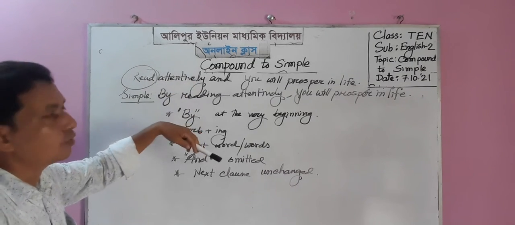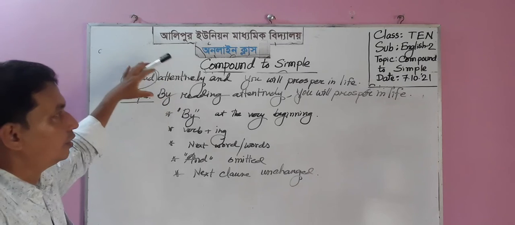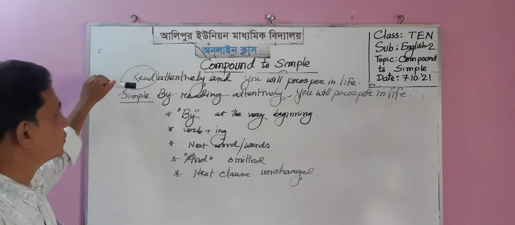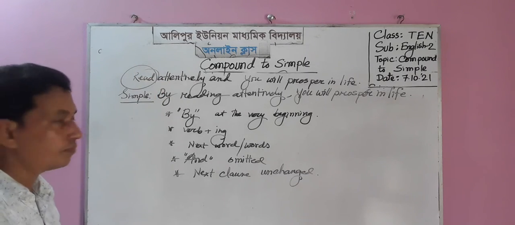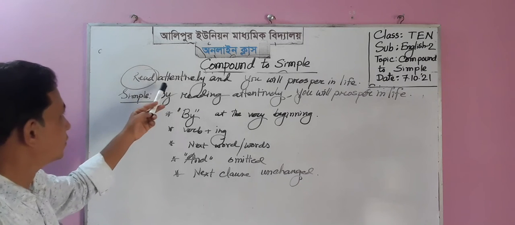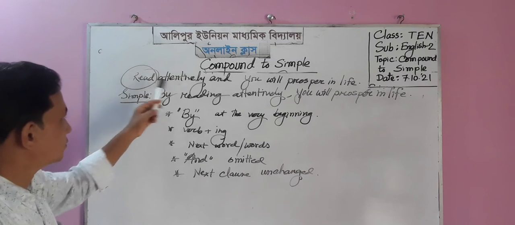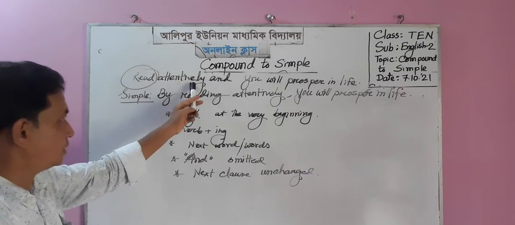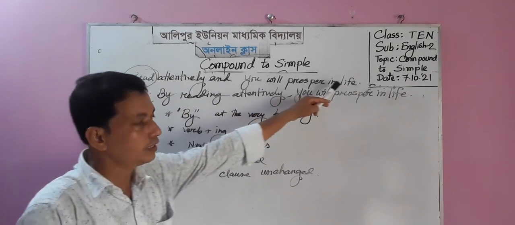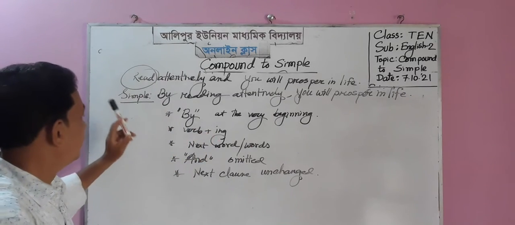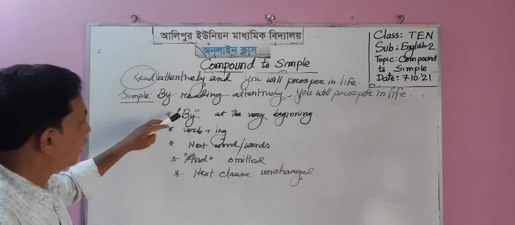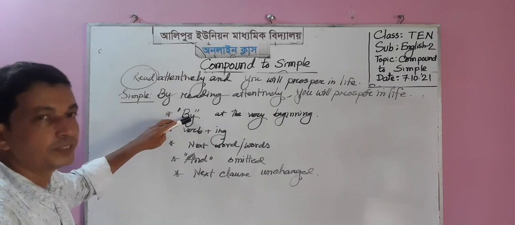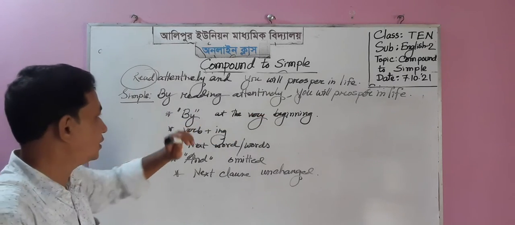compound sentence into a simple one using an imperative sentence. At first, an imperative sentence starts with the main verb, as this sentence starts with "read attentively". It is an imperative sentence, and "you will prosper in life". According to the rule, at first "by" will be written at the very beginning of the sentence.